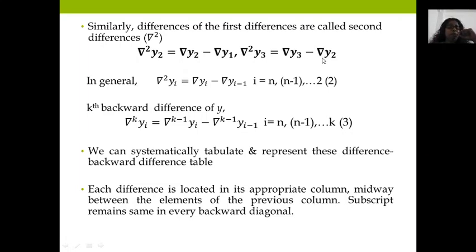I am pronouncing Δ as the backward difference operator, or inverted delta.